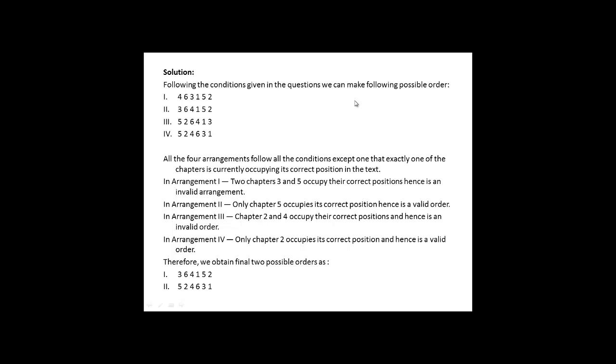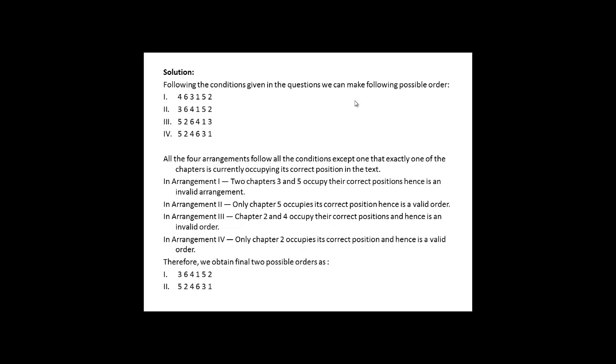Now all four arrangements follow all the conditions except one, that exactly one of the chapters is currently occupying its correct position in the text. Now in arrangement 1, two chapters, 3 and 5, occupy their correct positions, hence it is an invalid arrangement. In arrangement 2, only chapter 5 occupies its correct position, hence it is a valid order.